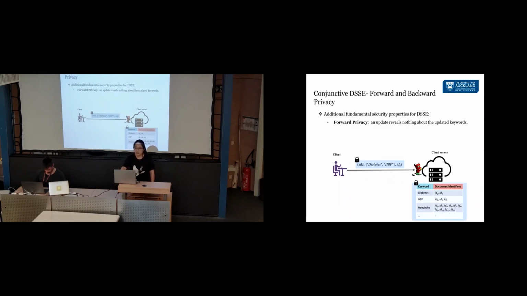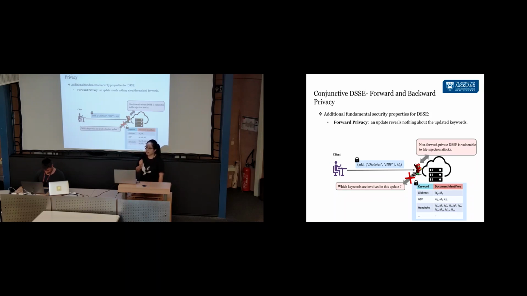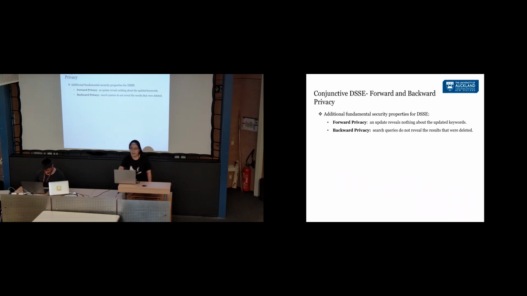In addition to keyword pair result pattern, there exist 2 standard security properties for DSSE, forward and backward privacy. Forward privacy ensures an update reveals nothing about the updated keywords. And non-forward private DSSE is vulnerable to file injection attack, so it's essential to achieve forward privacy.